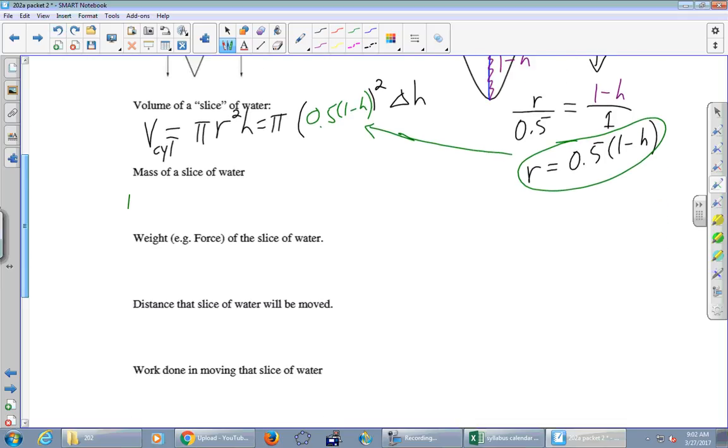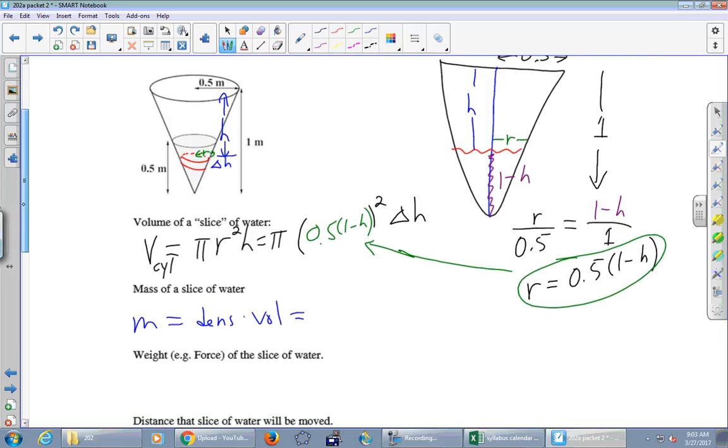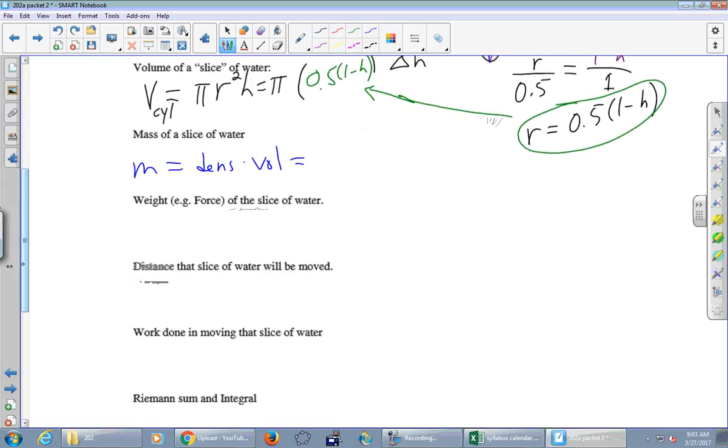So now we can say that the mass of that slice is equal to the density times the volume. Density is given in the parentheses up here at the top. It says 1,000 kilograms per cubic meter. I won't put the units. 1,000 kilograms times the volume we just found up above.